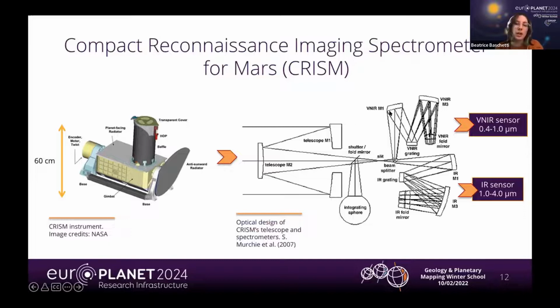One beam of light will go on the visible near-infrared sensor, and the other one will go on the infrared sensor after, of course, being dispersed by the grating. So the visible near-infrared sensor covers from 0.4 to 1 micron, and the infrared sensor covers from 1 to 4 microns. But of course, the two parts can be put together, and we get the final spectrum.